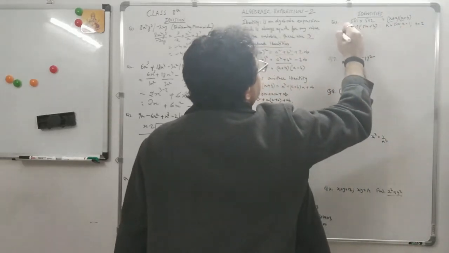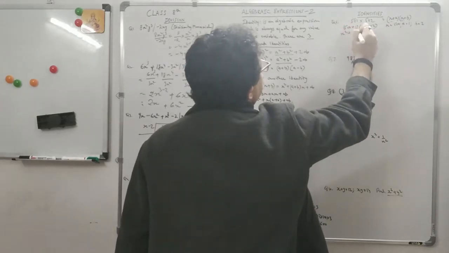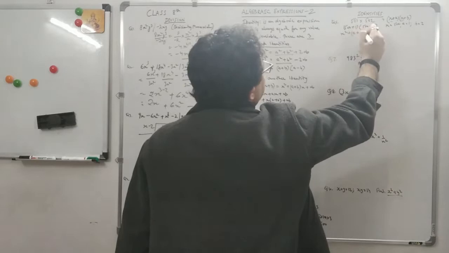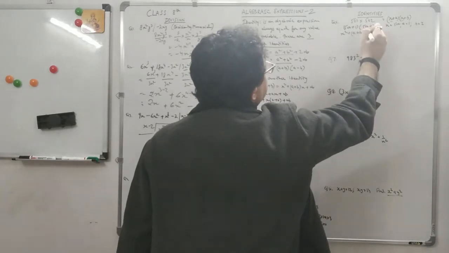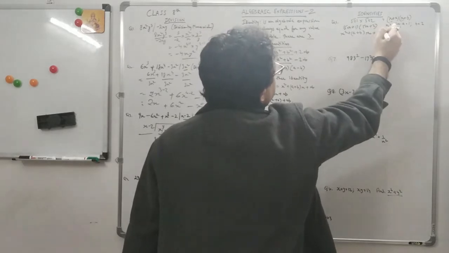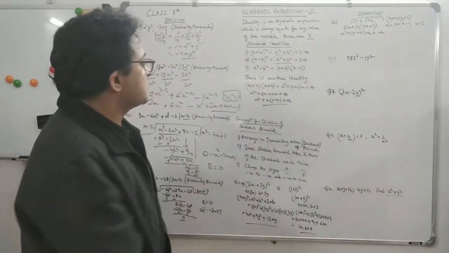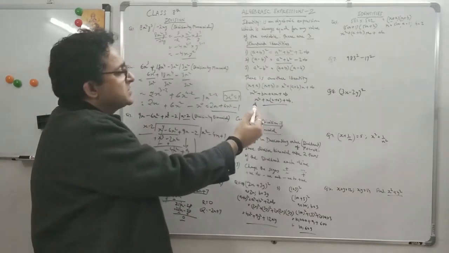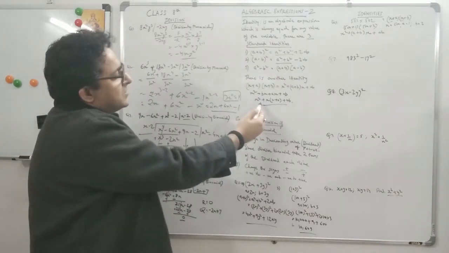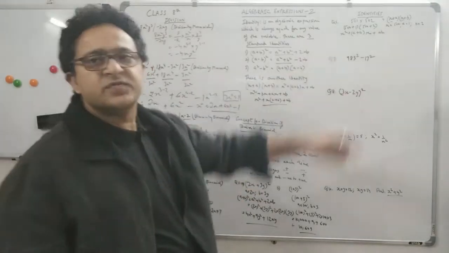So just replace in the formula. It is x square plus a plus b, bracket close, x plus ab. This is how you write x plus a into x plus b, right? We got this from here: x plus a, x square plus x, a plus b, plus ab. So now I just replace those values.